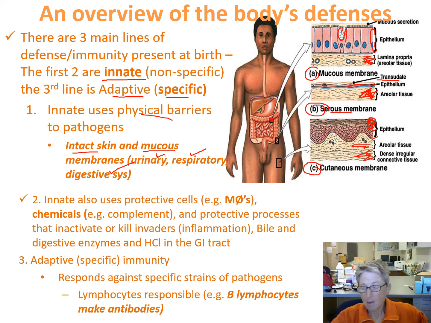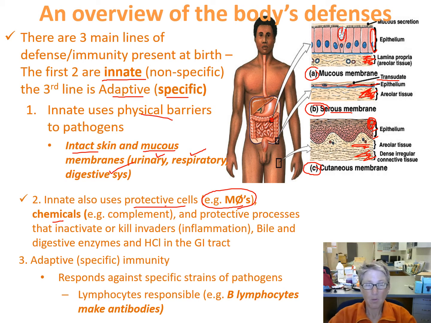The innate or nonspecific immune system also uses cells. This is my shorthand for macrophages. They use chemicals, we talked about that. An example would be complement or the salt on your skin.